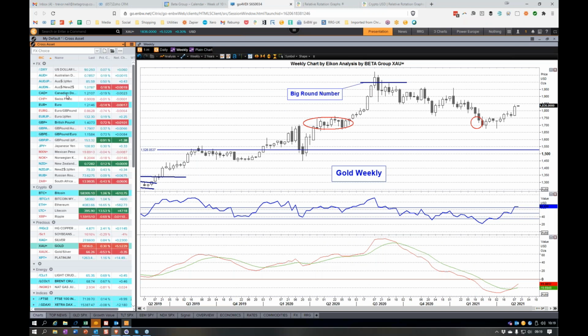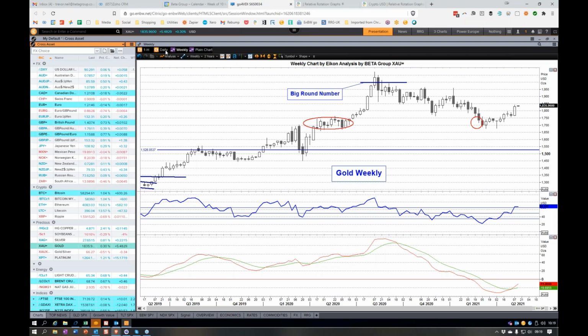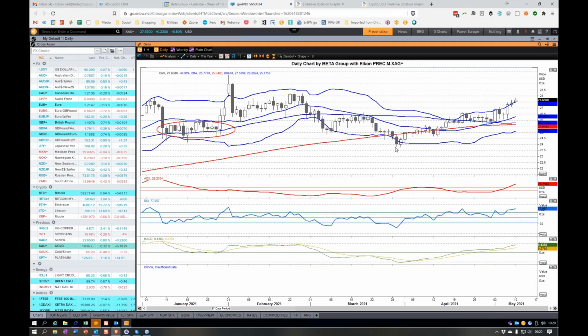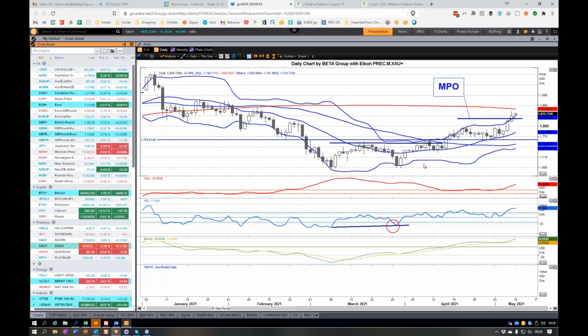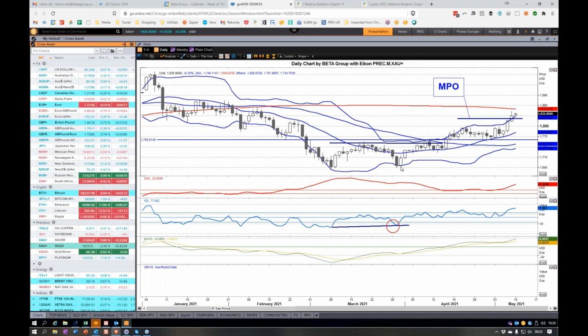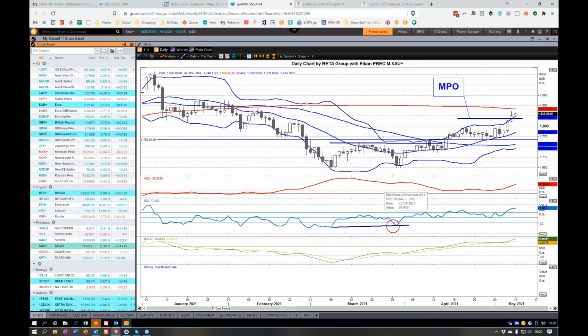But I was reading, and I'm wondering whether this is correct, that a friend of mine wrote that on gold, the move up from the double bottom on gold. Sorry, this is silver. So on this double bottom, the move up from here to here in terms of the value of gold increased by the whole of the value of cryptocurrencies.